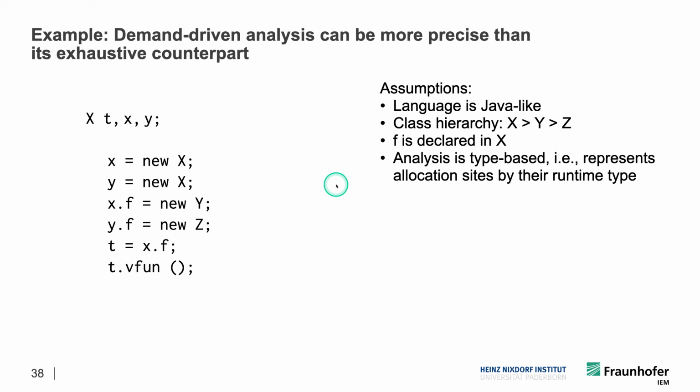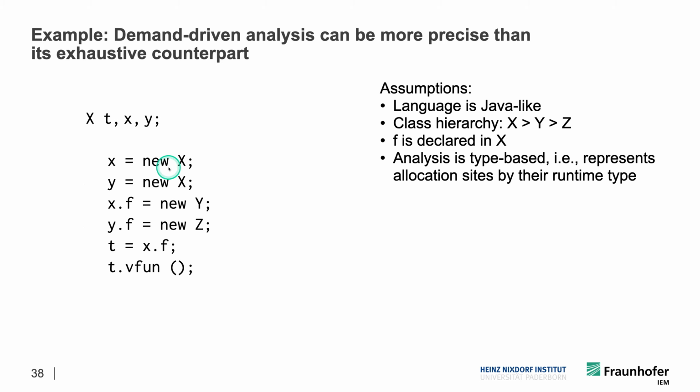so it's a field that's accessible in all these three classes. And also, we're assuming that we have an analysis that is type-based. So that means we have a pointer analysis that represents allocation sites by their runtime type. Okay, so in particular here, these two allocation sites are actually being represented by the same type identifier X. So we have a single node representing these two sites.